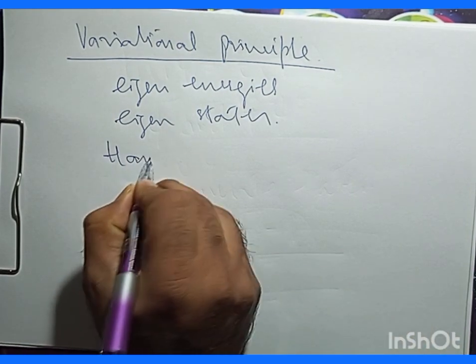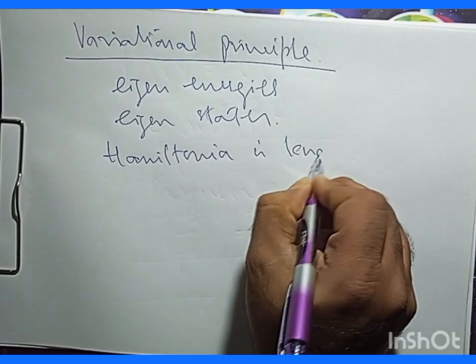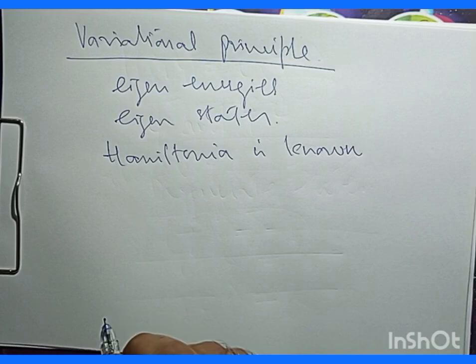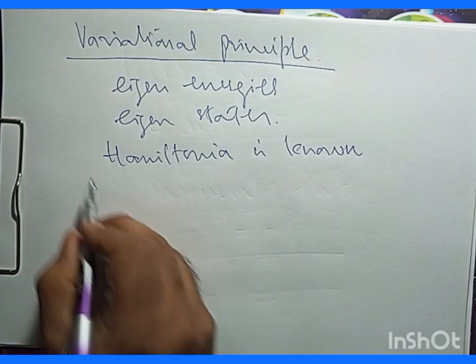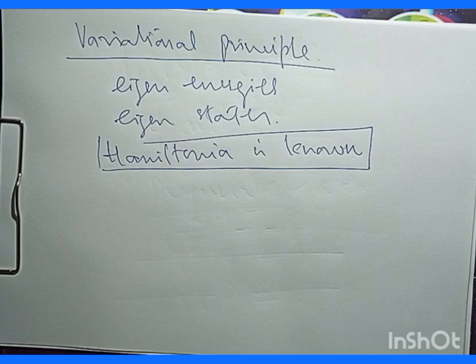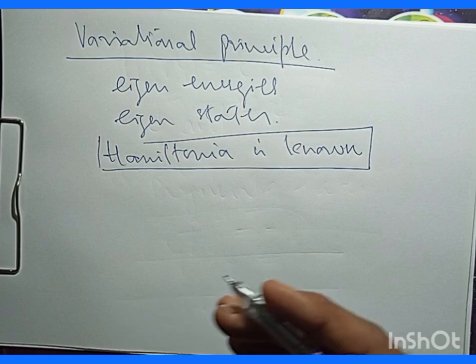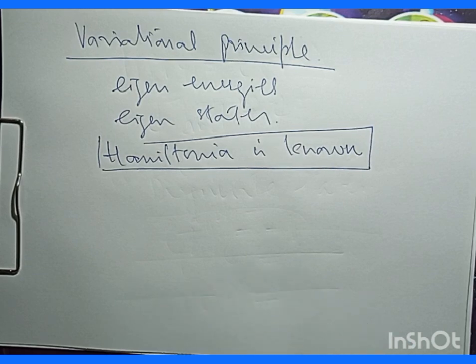So the Hamiltonian is known. And this Hamiltonian cannot be exactly solved, or solved by some perturbative treatment.